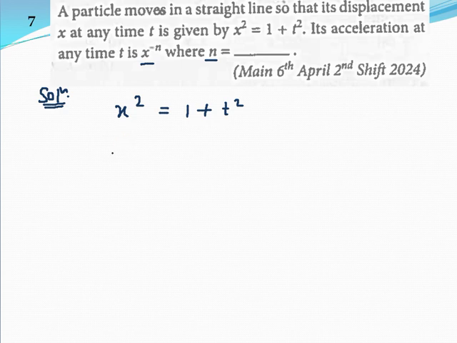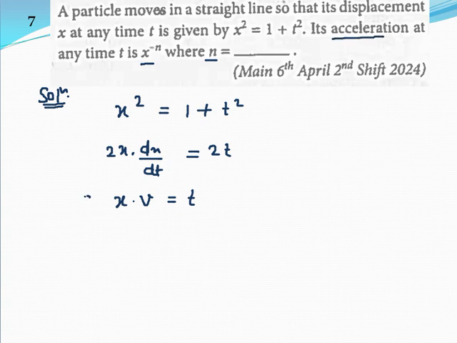Simply differentiating with respect to time, it gives 2x dx by dt equal to 2t, and here the 2 gets cancelled, x into v will be equal to t. And now differentiating one more time, because we have to find the acceleration.